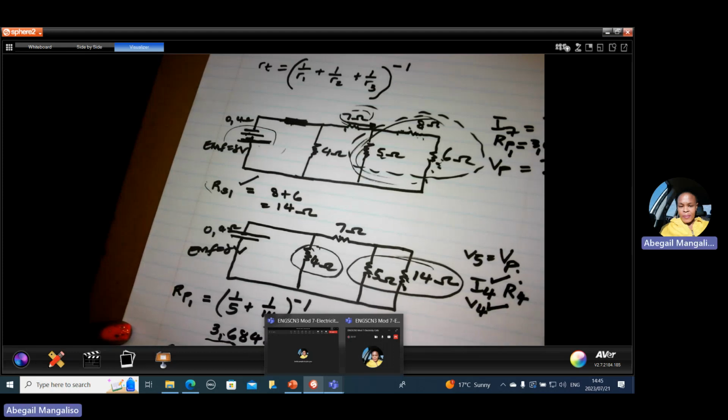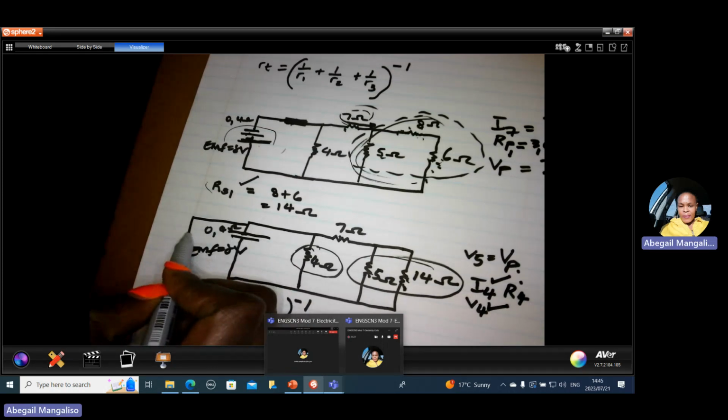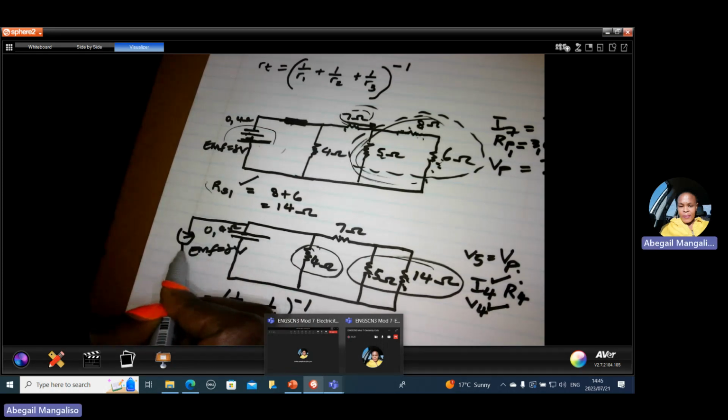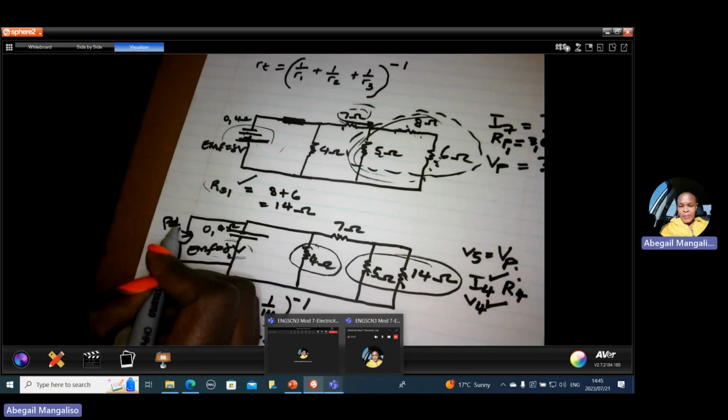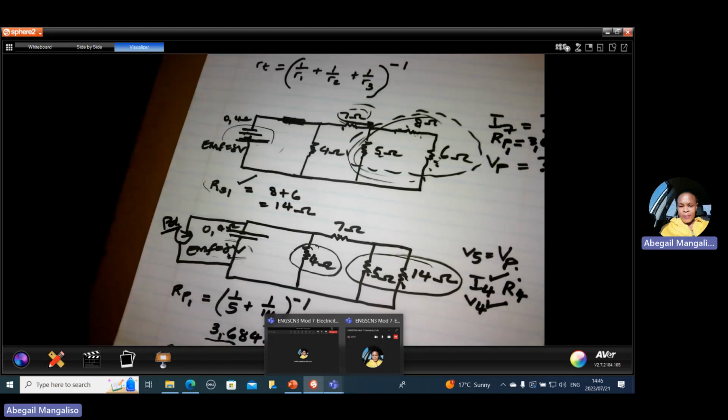Voltage across parallel is the same. So if you take a voltmeter to measure the voltage across this battery, it's going to give you a reading that is less than 8 because current is flowing. We get a potential difference across this battery terminal, and this potential difference is equal to the voltage across the 4 ohm.